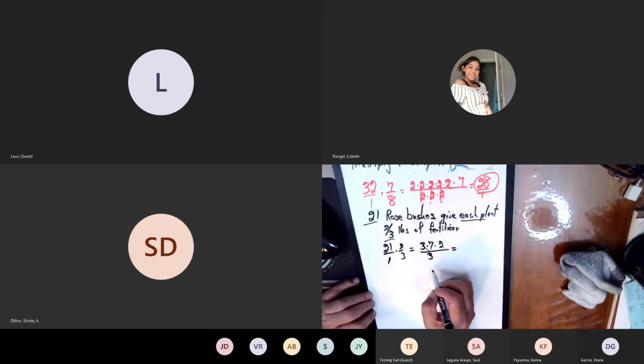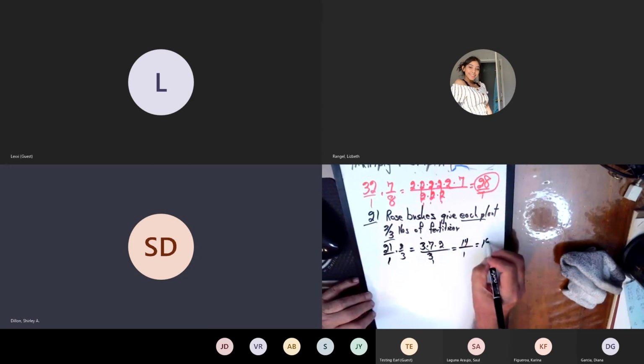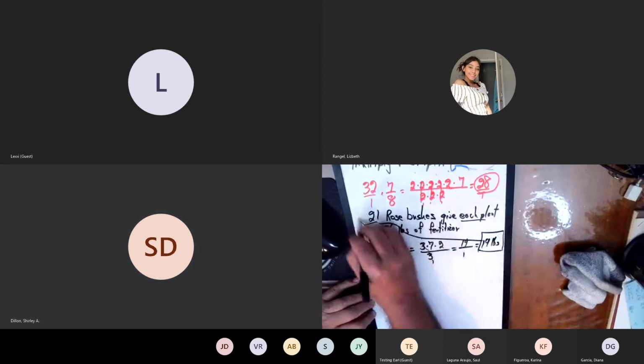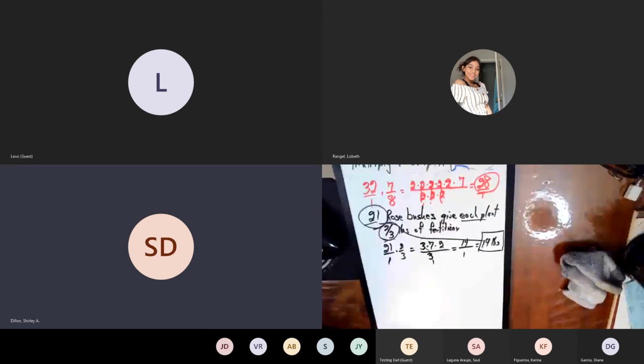And the 3's are going to reduce out, and I'm going to have 1 times 7 times 2 is 14 over 1, or I just need 14 pounds of fertilizer to take care of my 21 plants. Each one gets 2/3 of a pound. Okay, so there's one application of multiplying fractions.